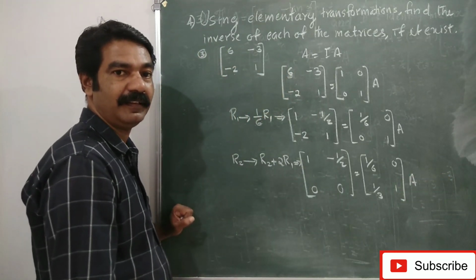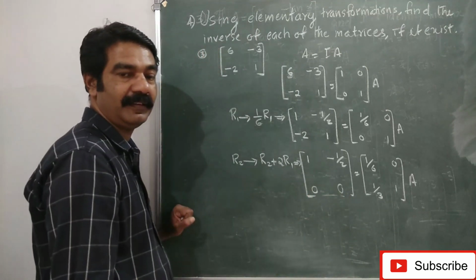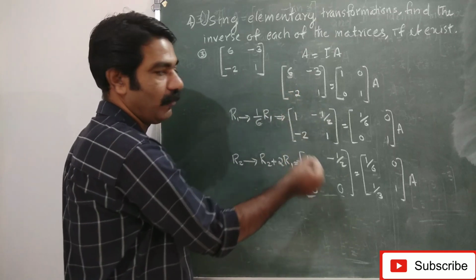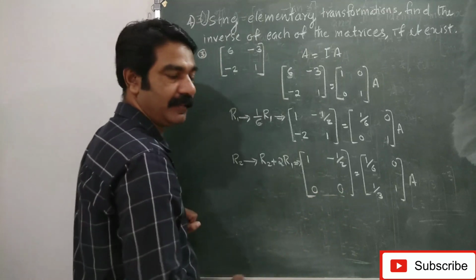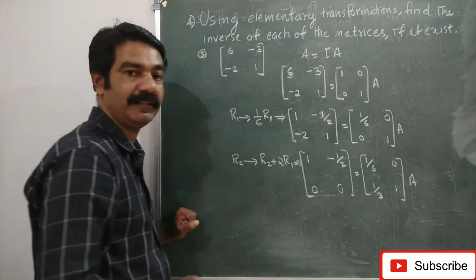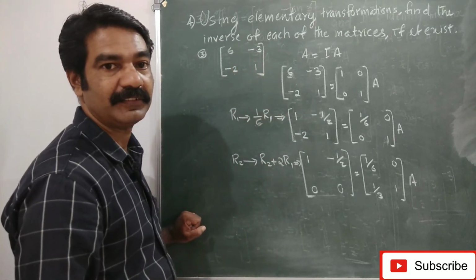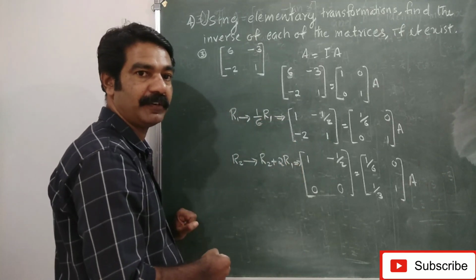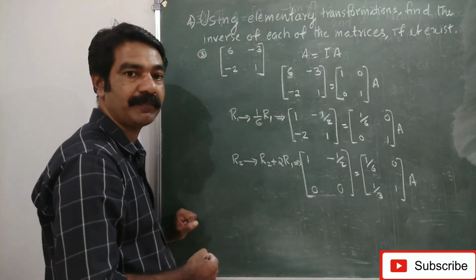Here, note that the elements of a row are 0. I already explained that after applying one, two, or three elementary operations, if all the elements of a row of the matrix A are 0, that means this matrix does not have an inverse.